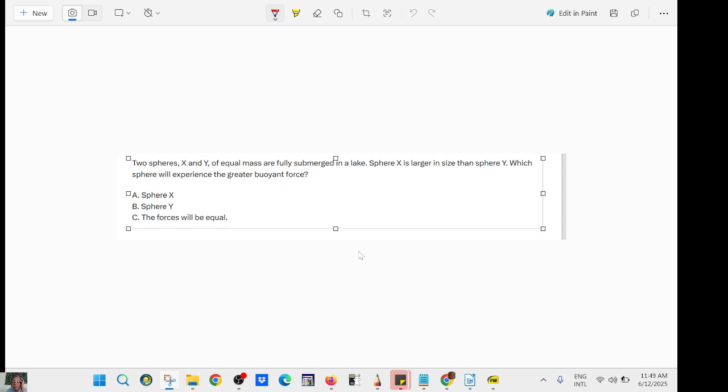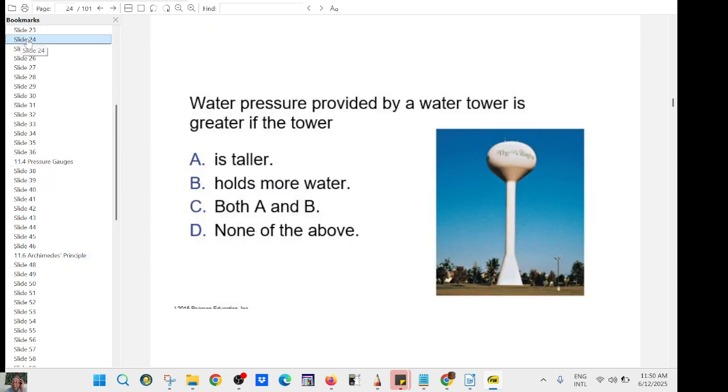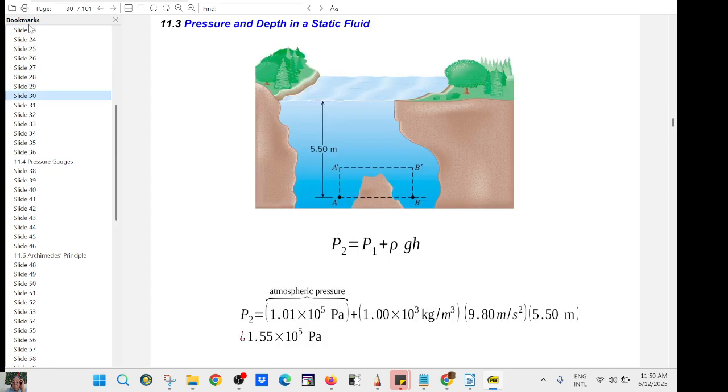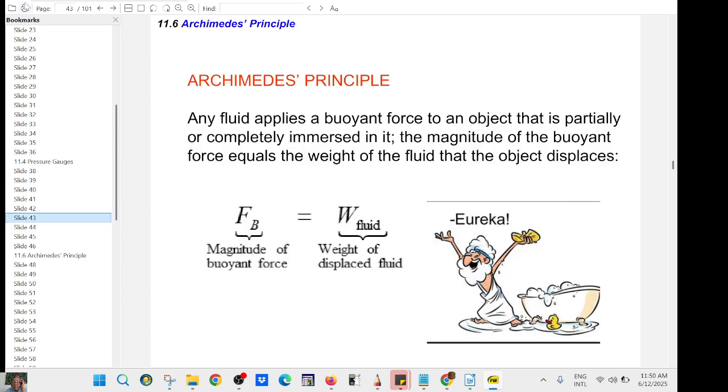The buoyant force depends only on the weight of the water displaced. By definition, that will be your buoyant force here. So it depends only on the weight of the fluid displaced.